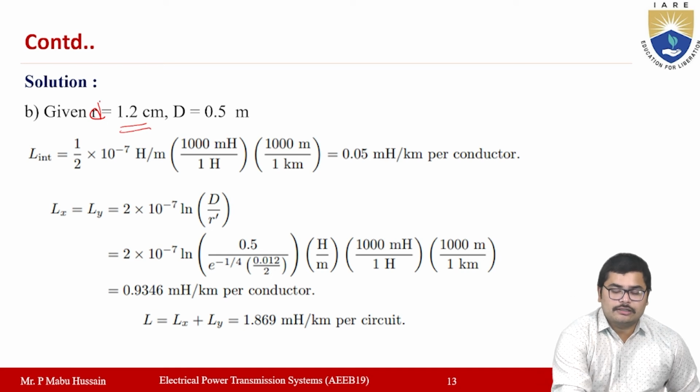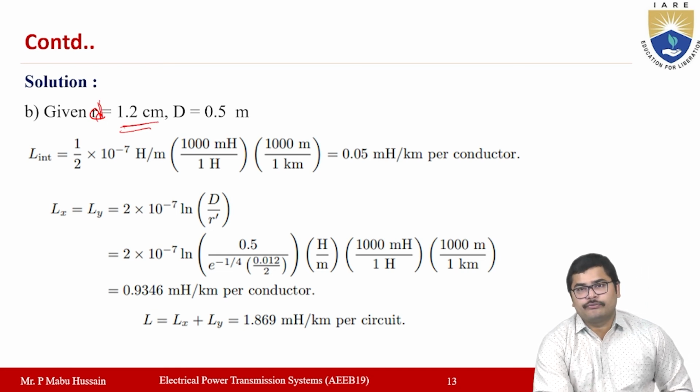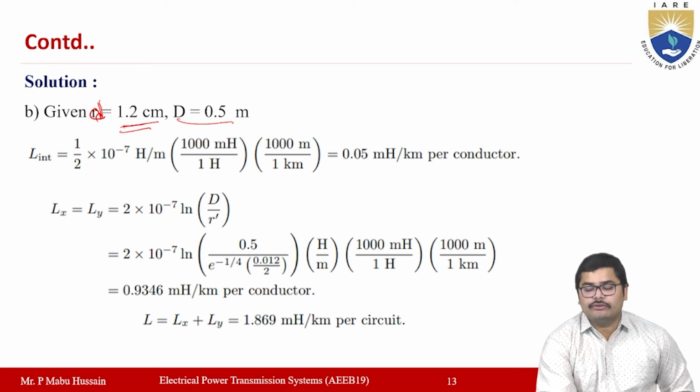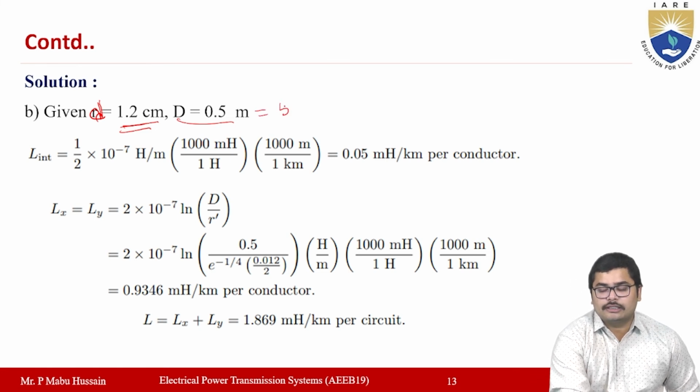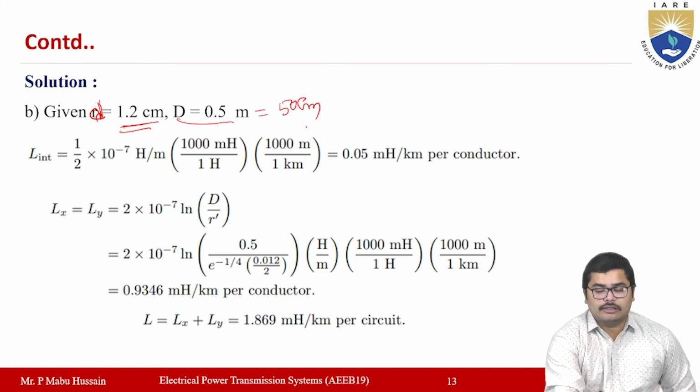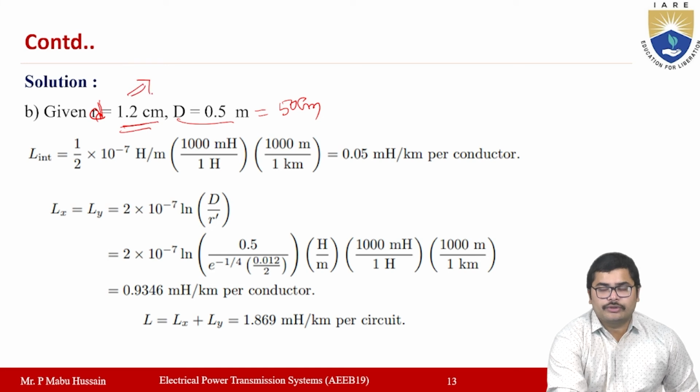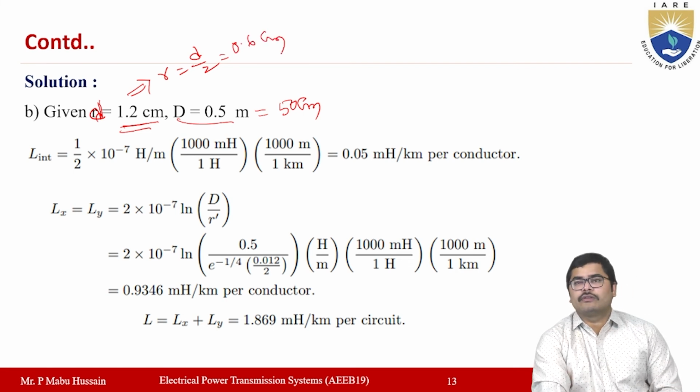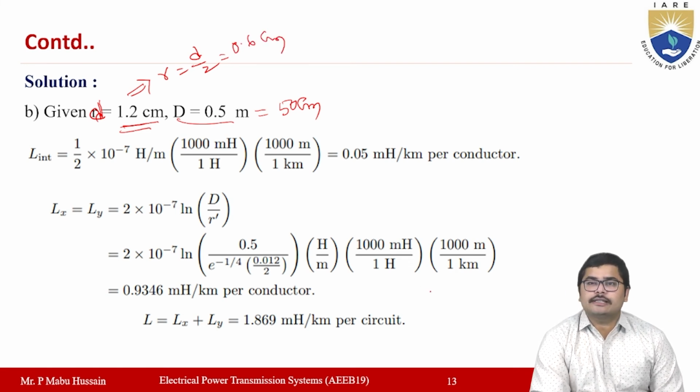So d here is 1.2 centimeters, and capital D is the spacing between the conductors, which is fixed at 0.5 meters, that is 50 centimeters. The diameter converted into radius r is diameter by 2, so you get 0.6 centimeter. r is 0.6 centimeters and capital D is 50 centimeters.